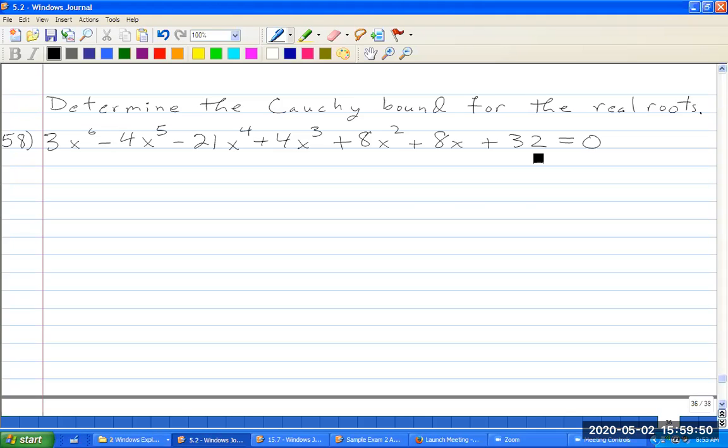So let's find the Cauchy bound for this, and so let's find the largest coefficient.